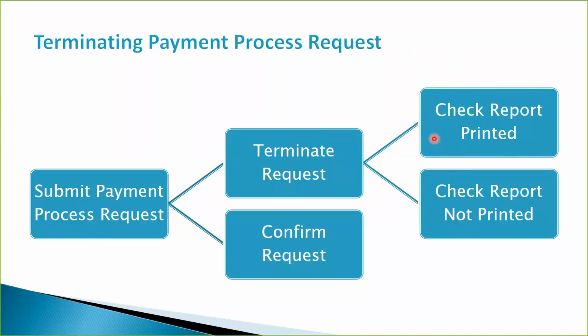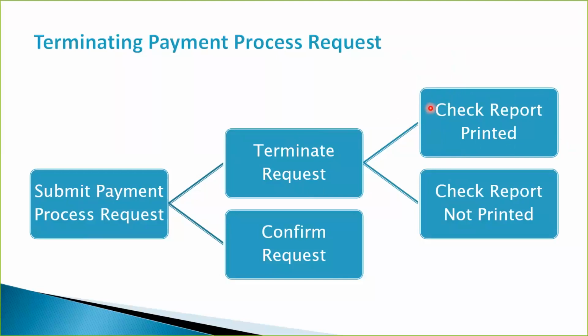to know which check leaf has been used to pay a particular invoice, all right? So if the check report had been printed when you are terminating your request, then according to Oracle, a particular check leaf has been used to pay the invoice, even though that's not true. All right.